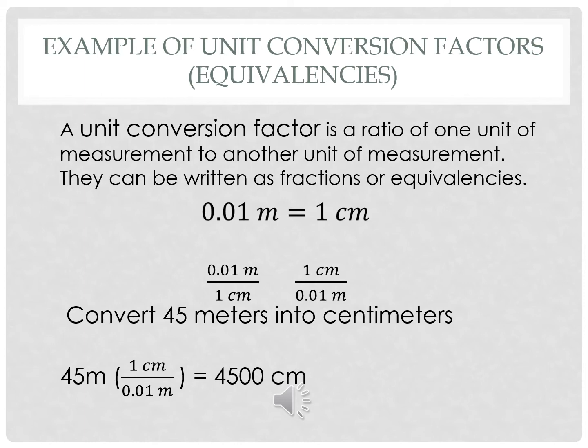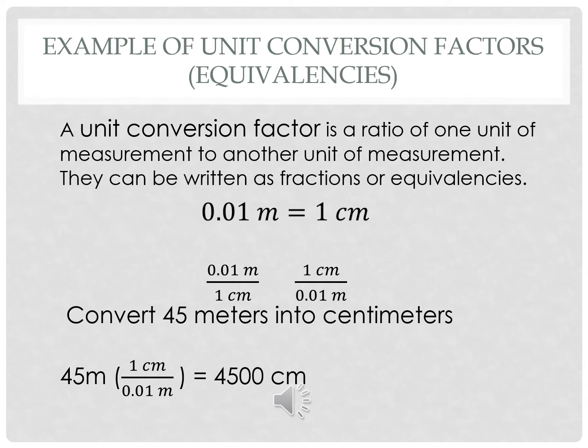Which one do we use then? When we are converting, we always want to write the unit we want our answer to be in on the top. Let's try an example. Convert 45 meters into centimeters. We are going to start by writing the given, 45 meters. Now we want to write our conversion factor with the unit we are going to on the top.